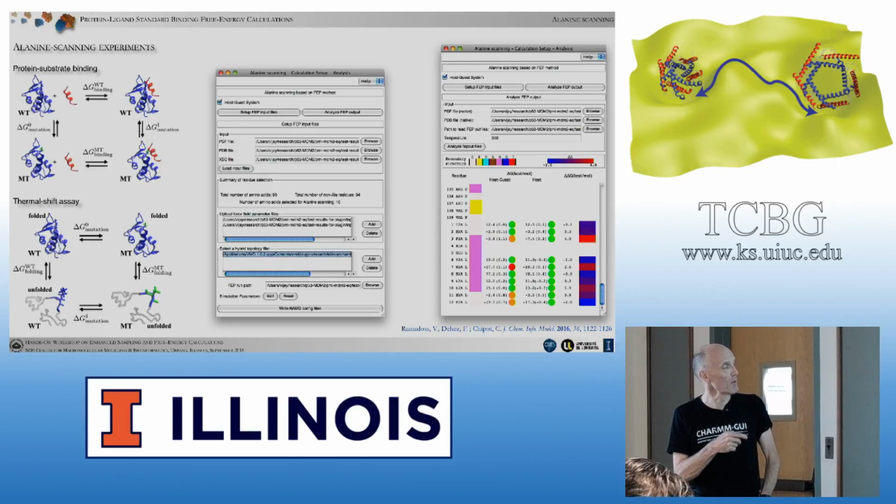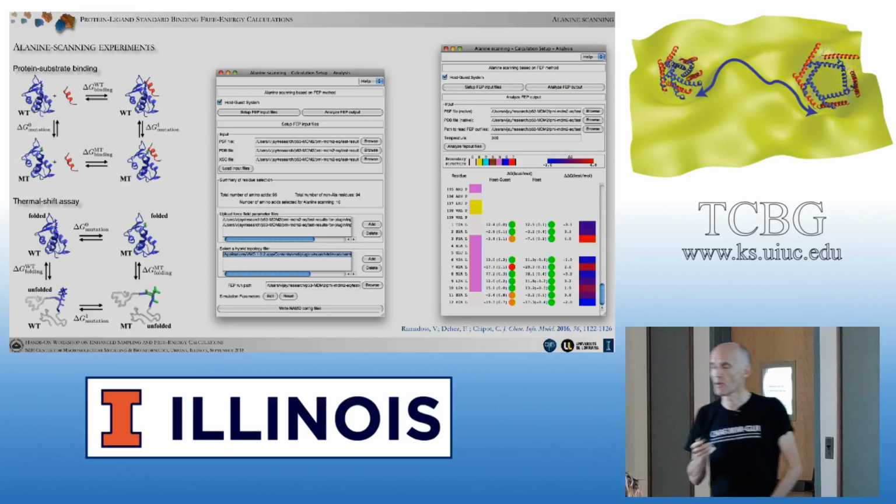It will tell you what the hotspots are, give you the sequence of amino acids, and then you can override and say, well, I want these particular point mutations to be carried out. It will prepare all the files. Then you just run different simulations. So you have subdirectories for each point mutation. And then you invoke the GUI a second time to do the analysis for the free energy perturbation calculation.